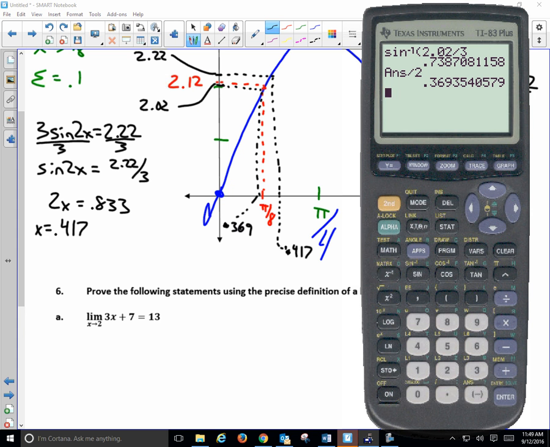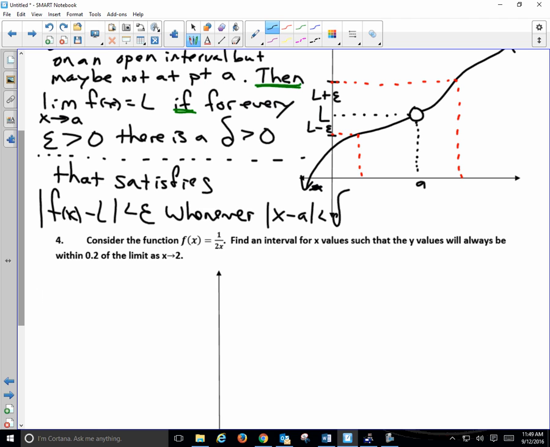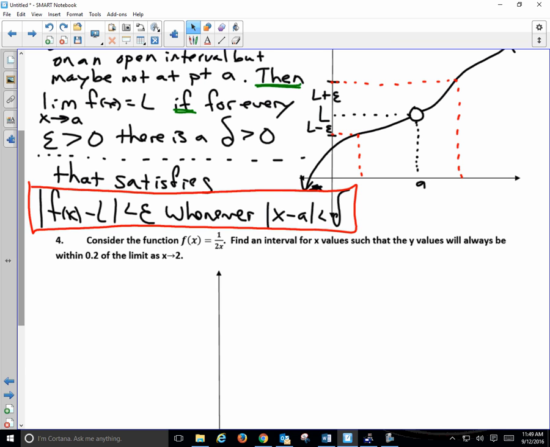Now, earlier I pointed to this part of the formula, or of the precise definition of a limit, and I want you to understand exactly what we're doing right now. We just found the x values. The a value is pi over 8. So we're going to take our x values and minus pi over 8. And whether it's positive or negative, we will make it positive because it's a distance. So that is what we are doing.